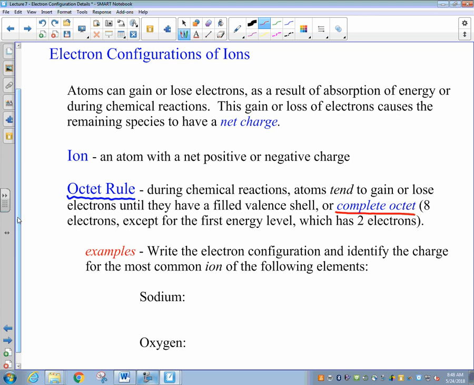And we recognize that that octet, the 8 electrons total, comes about as a result of the fact that within the highest energy shell of electrons, we end up with electrons in the s orbital, which contains 2 electrons when completely filled, and the p orbital, which contains 6 electrons when completely filled. So combining all those s and p orbital electrons gives us a total of 8 in any given valence shell, with the exception of period 1, where there's only s electrons present.